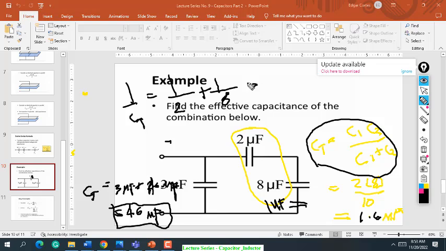Will you arrive at 1.6? Try it, using this formula.